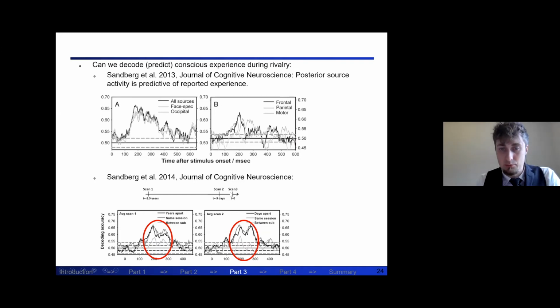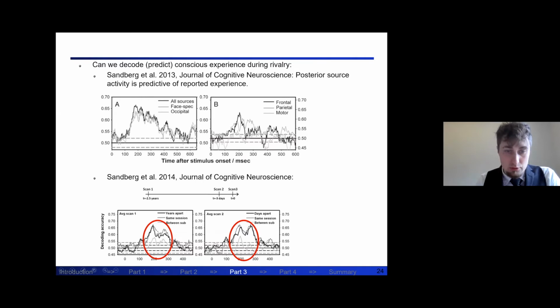And then we try to predict experiences either within this session or training it on this data and predicting on data from a session that was 3 days earlier, around that, or one that was 2.5 years earlier. And what you see over here is the gray is just on same session data. And then the black one is, you can see a slight drop, and that's when you try to generalize across days. So it's very small.